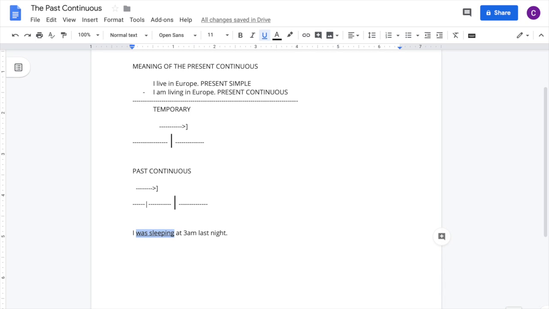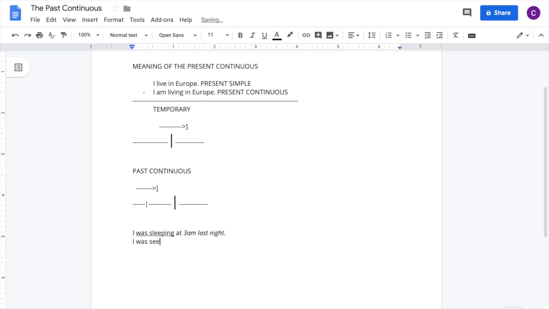Again, sleeping. That's temporary. While you're alive, it's temporary. And this is happening, instead of happening now, at a past moment in time, and this past moment in time is 3 a.m. last night.